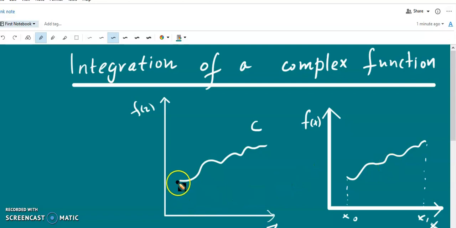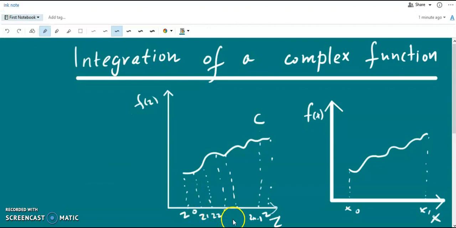So here we divide the contour from the point z0 to the point z into n intervals by taking n minus 1 intermediate points, z1, z2, z3, etc., up to z n minus 1 on the contour.